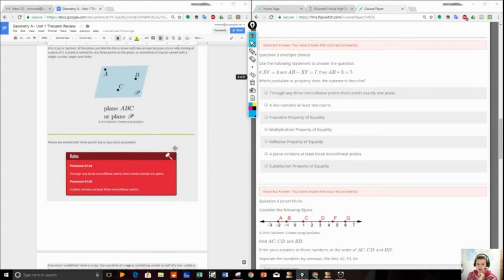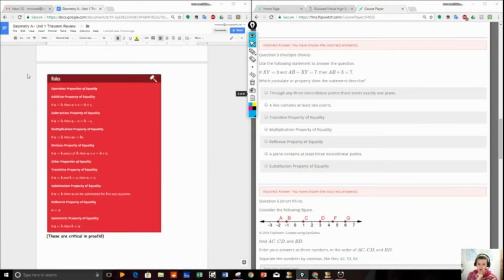So question 5, I'm going to scroll down to our operation properties of equality. The addition property of equality wasn't listed. We need to look for our transitive, multiplication, reflexive, and substitution.